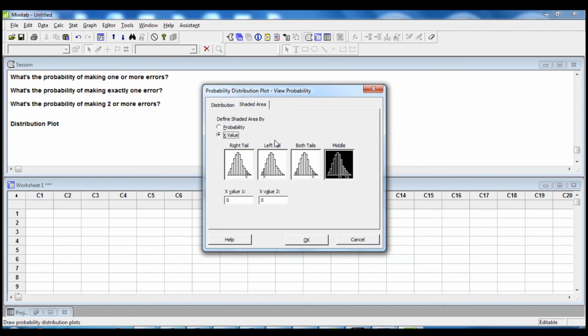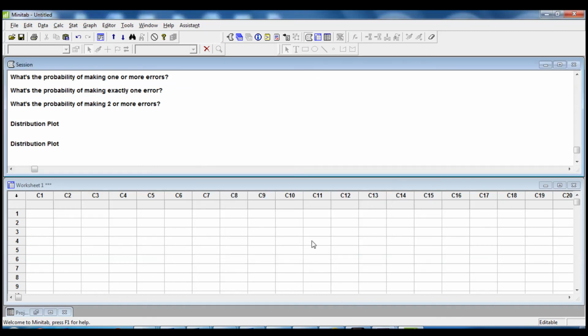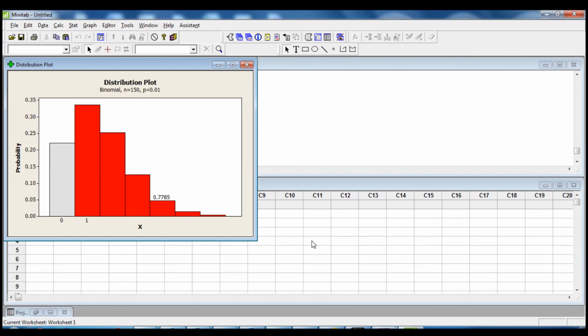This time we want to see the probability of one or more errors. So we need to look at the right tail, and we enter the value, which is 1. So that's the output for one or more errors. When we click OK, we can see that the output is 77% of the probabilities.